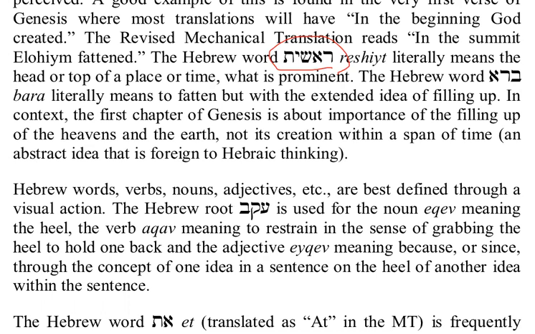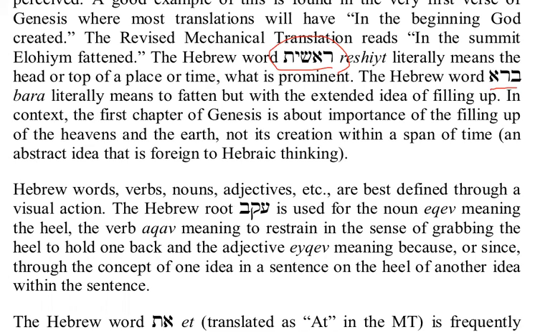What is prominent? The Hebrew word bara literally means to fatten, with the extended idea of filling up. In context, the first chapter of Genesis is about the importance of the filling up of the heavens and the earth, not its creation within a span of time, an abstract idea that is foreign to Hebraic thinking.